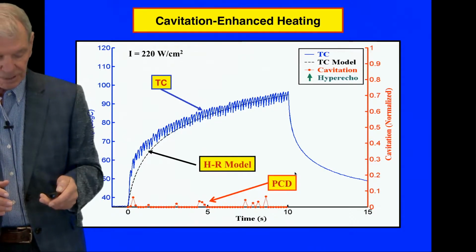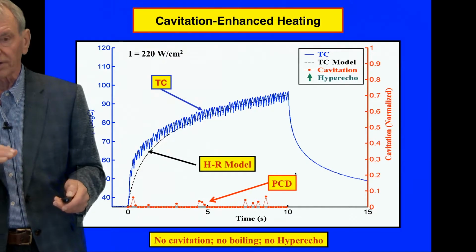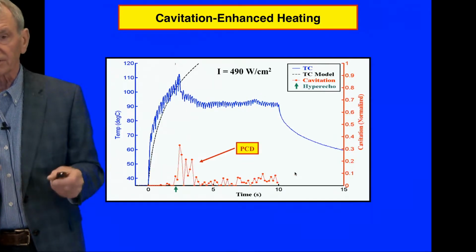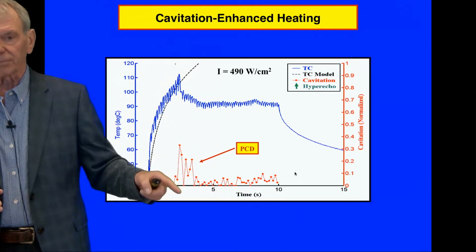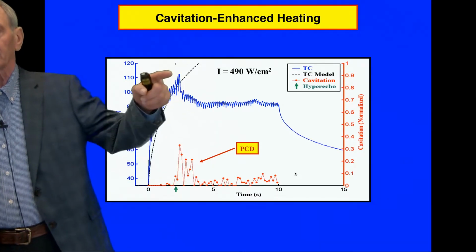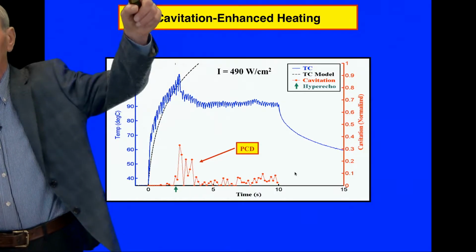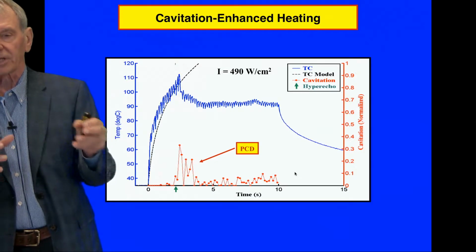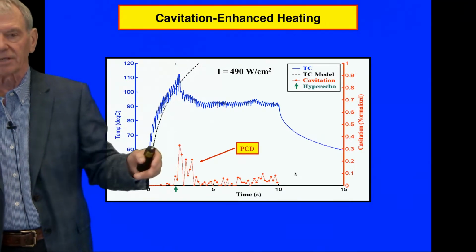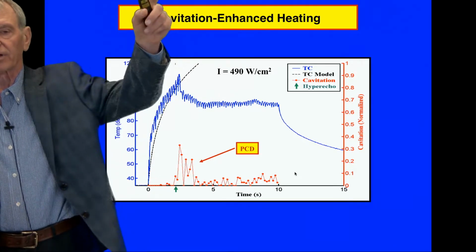Now, if it turns out that no cavitation, no boiling, no hyperecho, but if you suddenly get cavitation, which you can measure from the PCD, now not only does the temperature change, it could go much higher because the cavitation could scatter the sound off the field, get nonlinear effects, and you actually can have a very sharp rise in temperature.